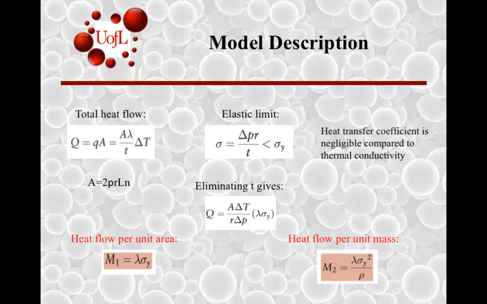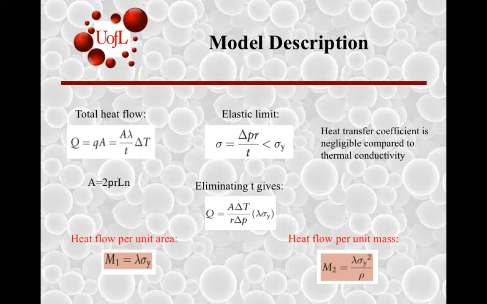With the heat flow and elastic limit, the only variable left that you can eliminate to maximize the heat flow is the thickness. So you solve one of the equations for t and plug it into the other, and you get the equation in the middle.